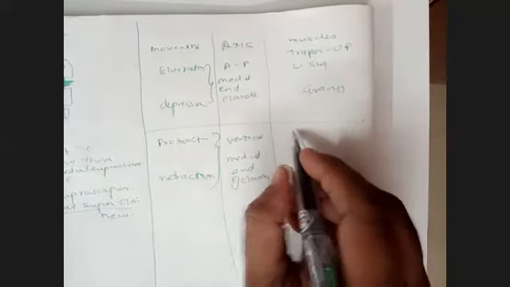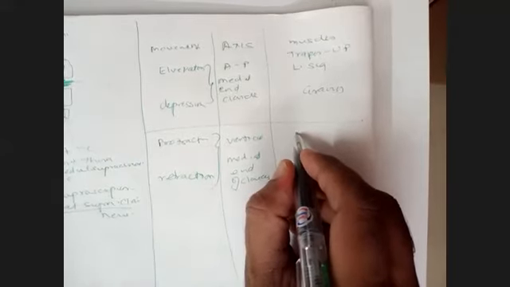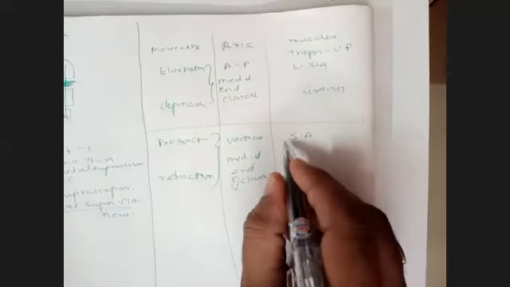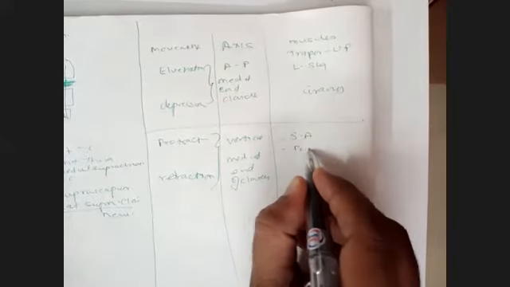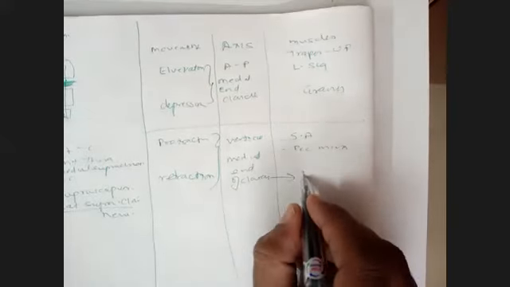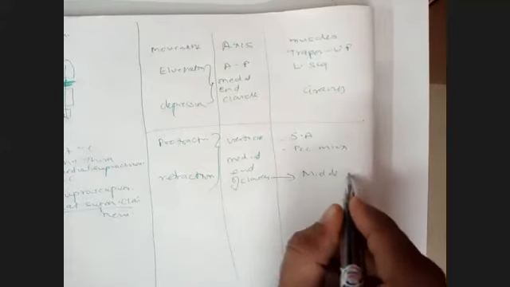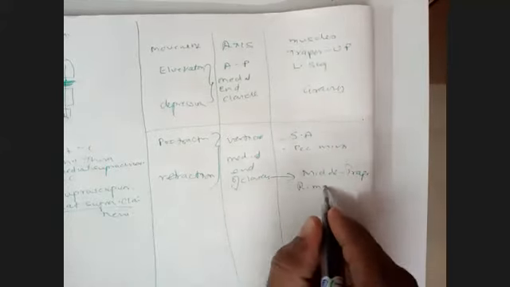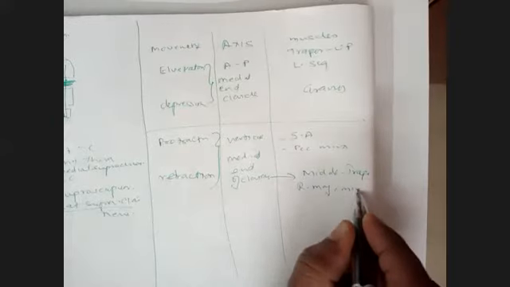Okay, and protraction is brought about by serratus anterior and pectoralis minor. Retraction is brought about by middle fibers of trapezius, and rhomboid major and minor.